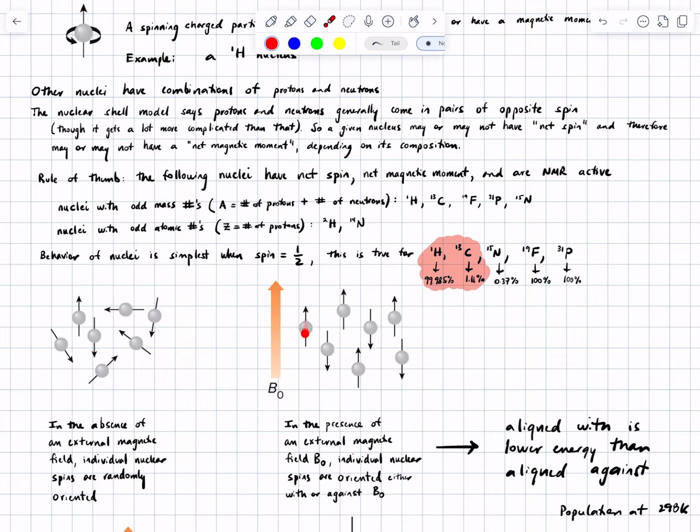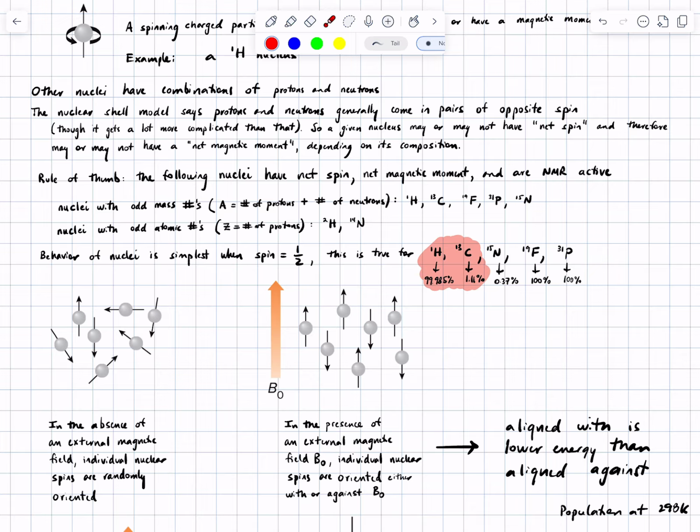Each of those arrows can be aligned either with or against the external magnetic field. Two sort of discrete energy states that can be adopted. You can be aligned with or you can be aligned against. This is an oversimplification of what's actually going on, but it's a simple enough and useful enough picture that that's what we're going to stick with.